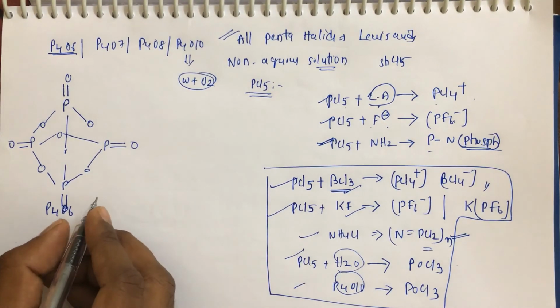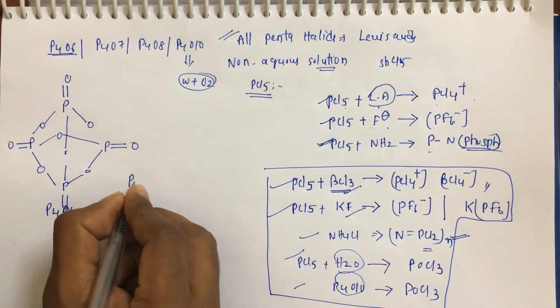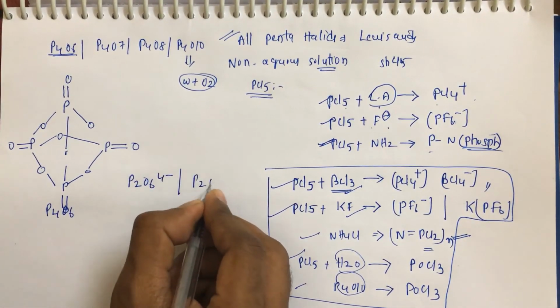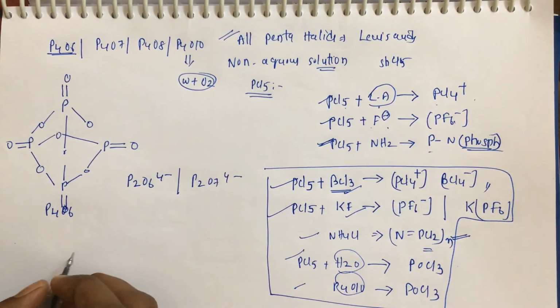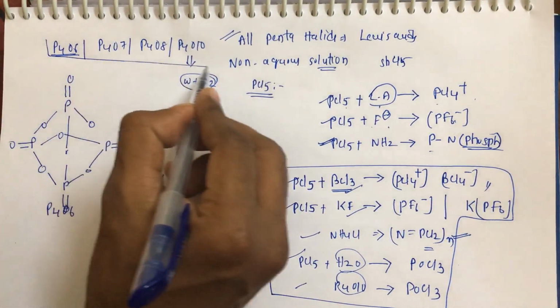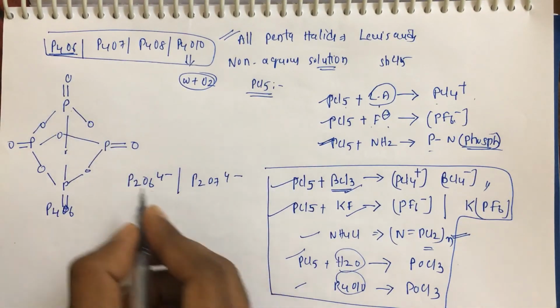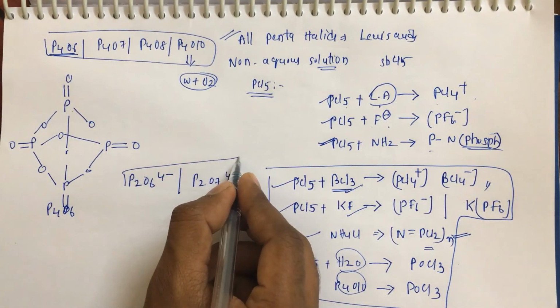And here we have two more oxides, like P2O6 4 minus and P2O7 4 minus. These belong to one kind of oxides where we have a POP bond.